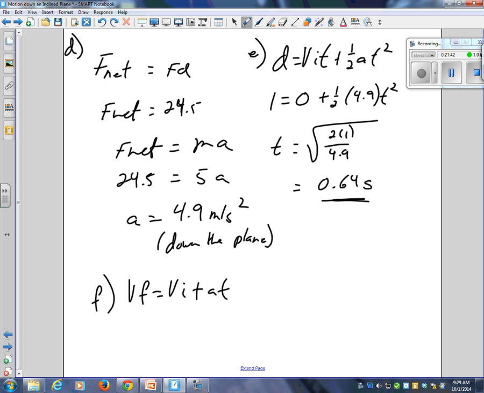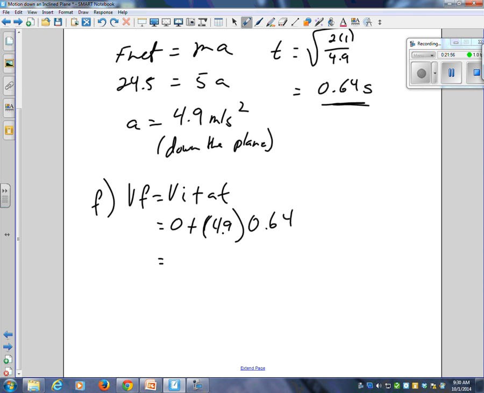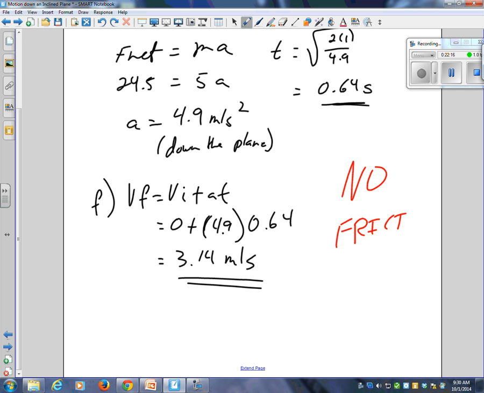How fast is it going when it gets to the bottom? 4.9, my T is 0.64. 3.14 meters per second is how fast it's going at the bottom. This is all true because there's no friction.